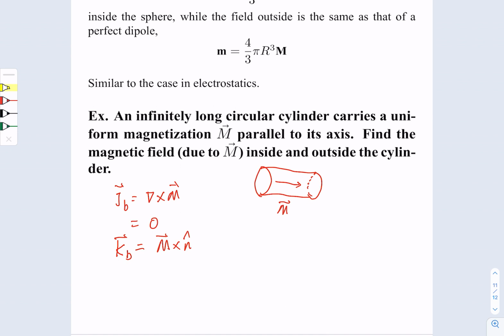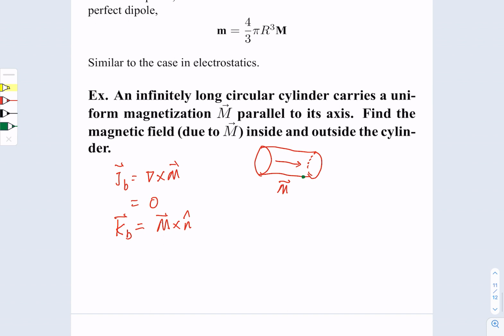So let's draw a point. Suppose there is a point on the surface on the side, and M is along the Z direction, and the N hat direction is the radial direction.